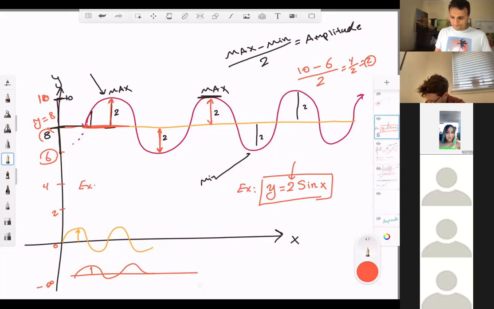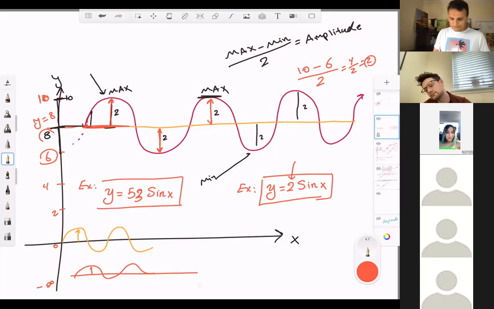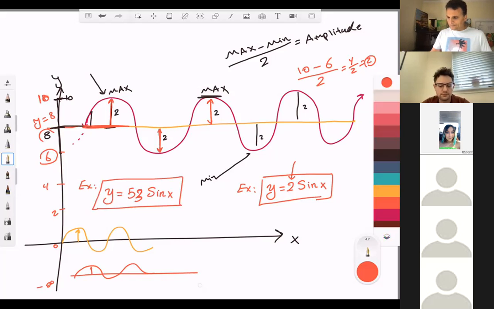Another example, y equals 53 sine of x. What is the amplitude of this equation or of this graph? Any suggestion? 53. Yes, 53. Actually, the number that multiplies sine or cosine would be the amplitude.